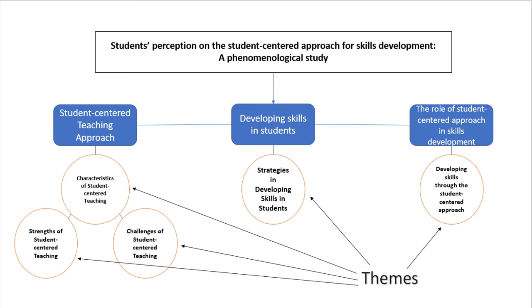And the last circle has challenges of student-centered teaching. Now, these chunks, these themes, are the components of the student-centered teaching approach that we want to discuss, because as researchers, we feel these are important aspects found under the student-centered teaching approach.